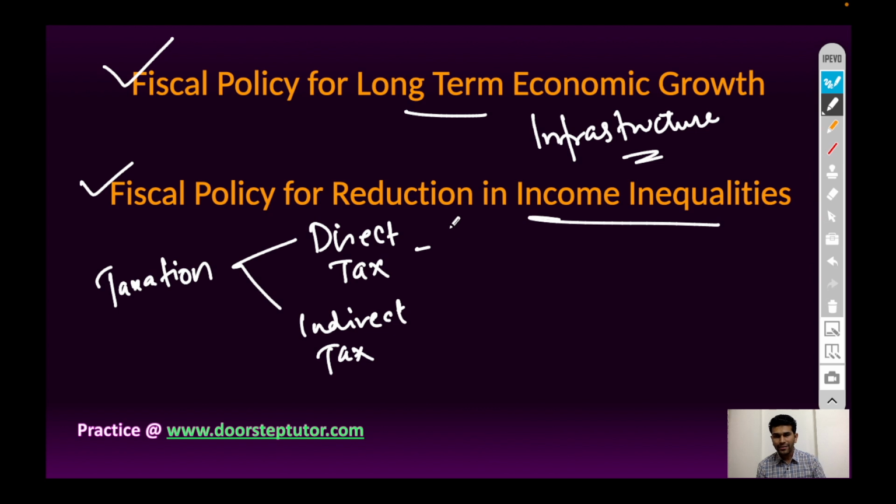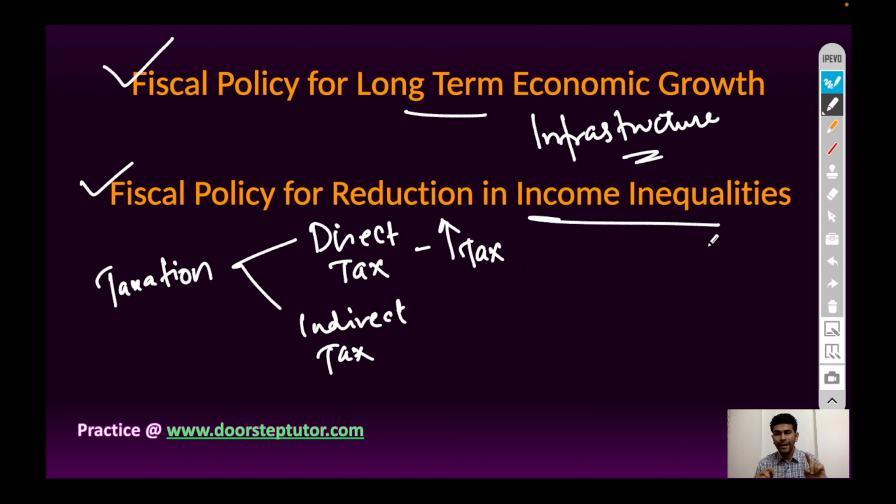So for direct tax, if the government increases the taxes on higher slab rates, then more tax will be paid by the person who has higher income. So it will not affect the person with lower income. So a wealthy person will pay higher tax.